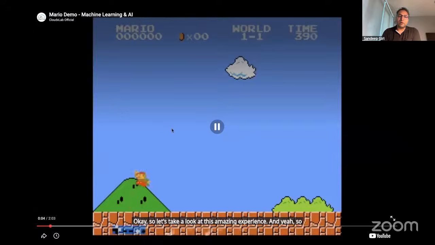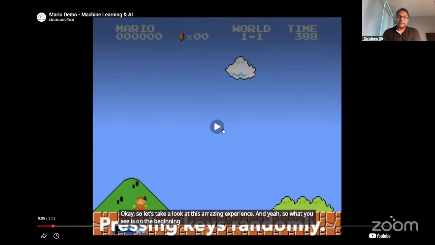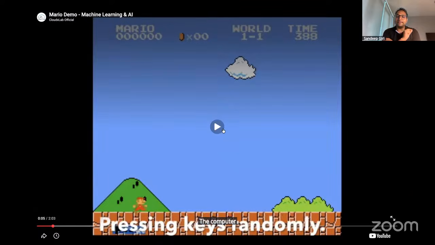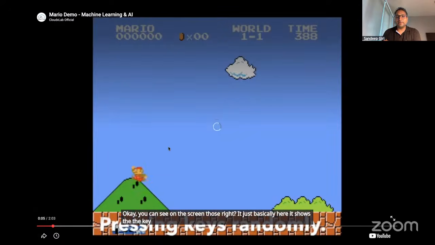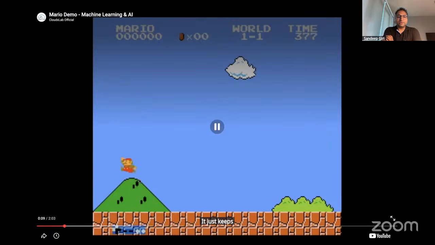What you see is that in the beginning days, the computer program is pressing keys randomly. You can see the key presses on the screen, and it just keeps pressing those keys and going nowhere.